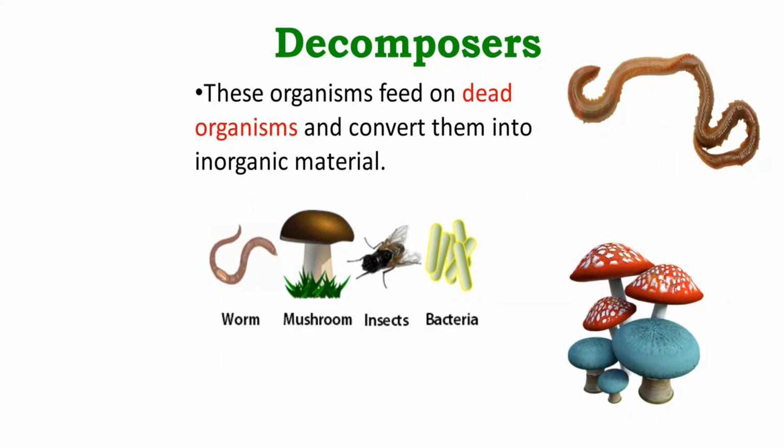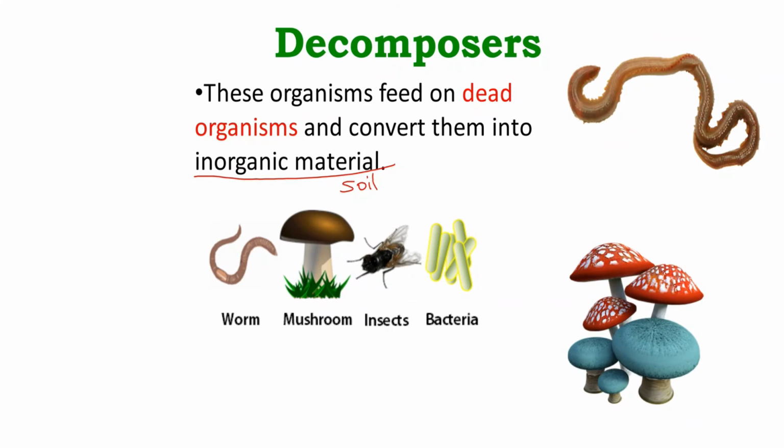Decomposers, these organisms feed on dead organisms and convert them into inorganic material, which we can call mix, which is soil. So plants die, bacteria convert them into soil; animals die, they are converted into soil; a human dies, we bury them under the soil, and the body decays and changes into soil by what?